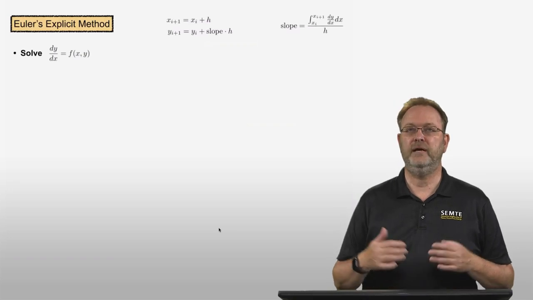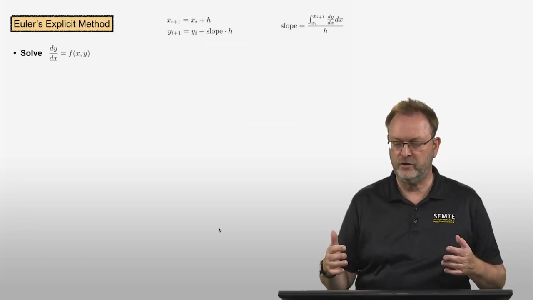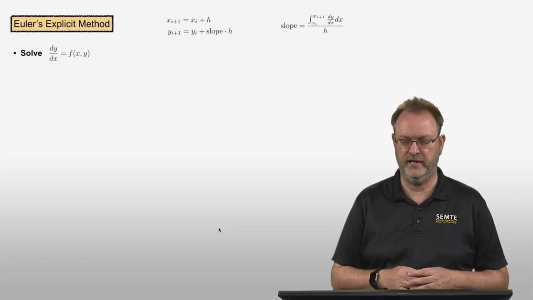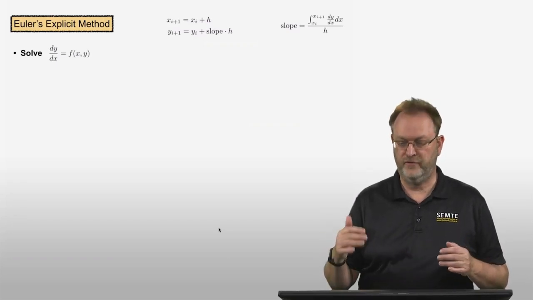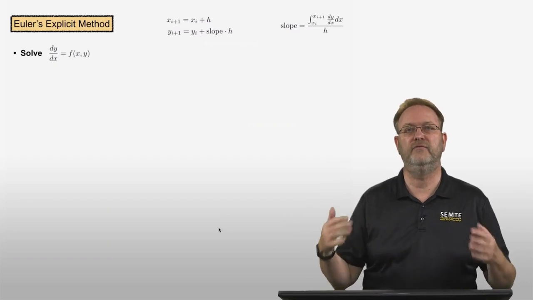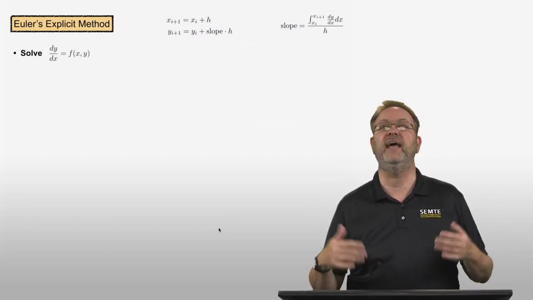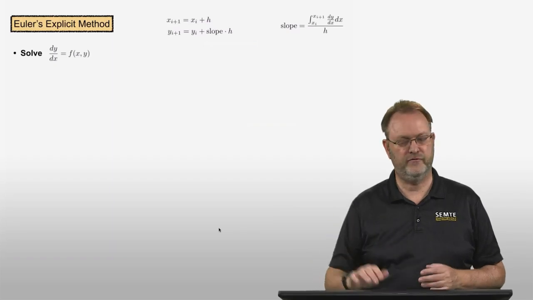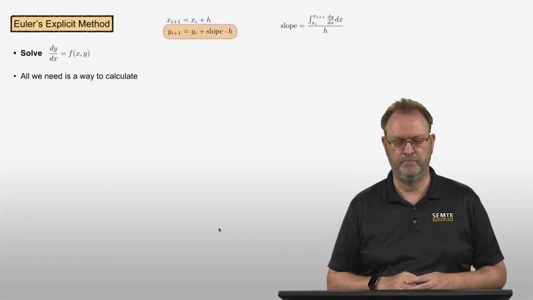And the slope is simply the integral of dy/dx, so the right-hand side of the ODE, over the interval from x_i to x_i plus 1, divided by the step size. So it's the average slope, the average right-hand side on the interval from x_i to x_i plus 1.